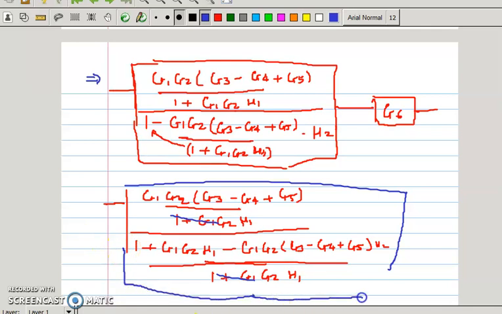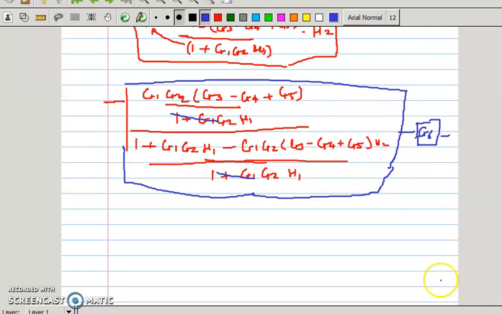Now see, the last step is pending here. Here the next block is G6, so G6 we put as it is, right. After cancellation of this term, the block is in reduced form. So what is the block?